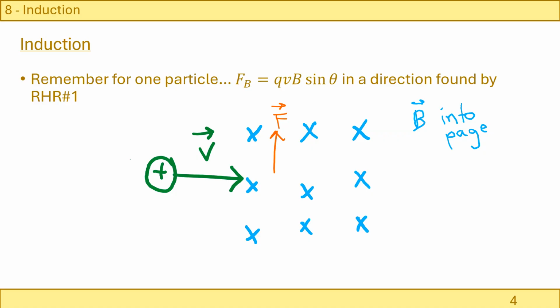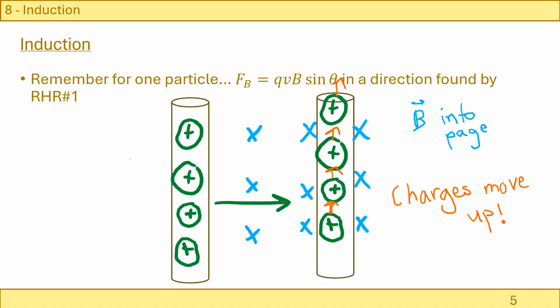And so if we realize that these charges are inside of a wire, when the wire goes in like this, it will form a current, by the forces that are moving the charges upwards. This would be like an upwards current, right? All these positive charges would move up, negative would move down, and that would be like an upwards current.